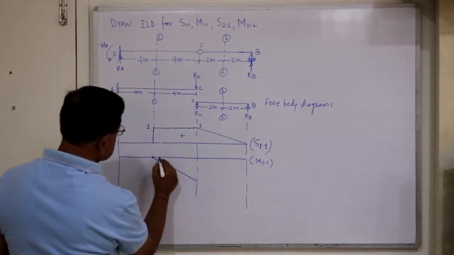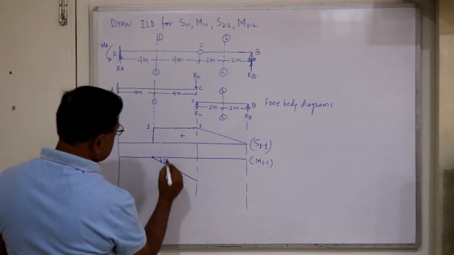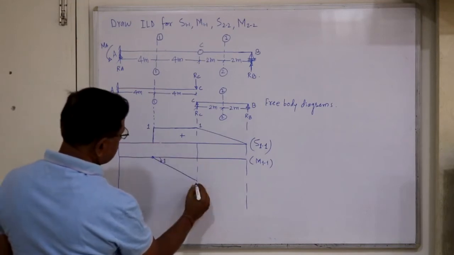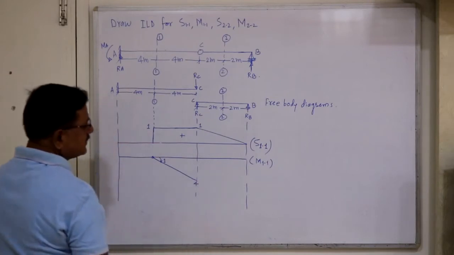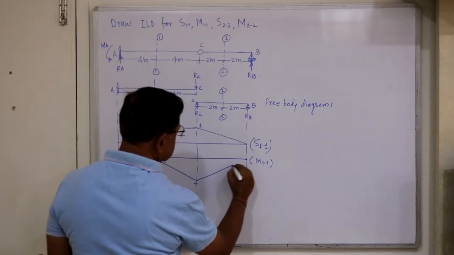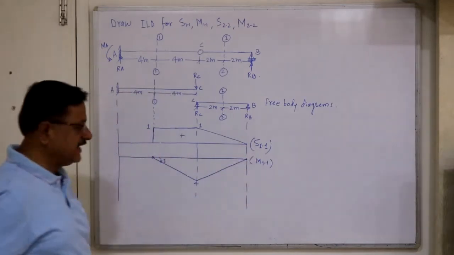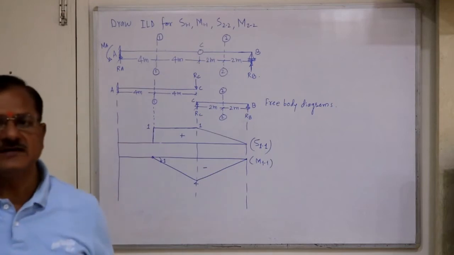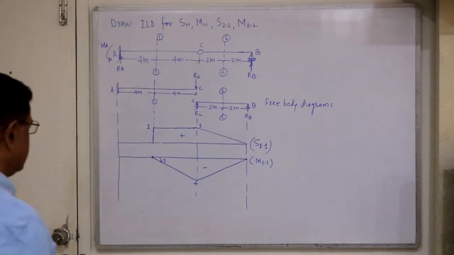For this unit rotation, what is the base? Base is 4, so height must be 4, and finally the deflection here is 0. So join this. So this is the ILD for M11, ILD for bending moment at section 11.